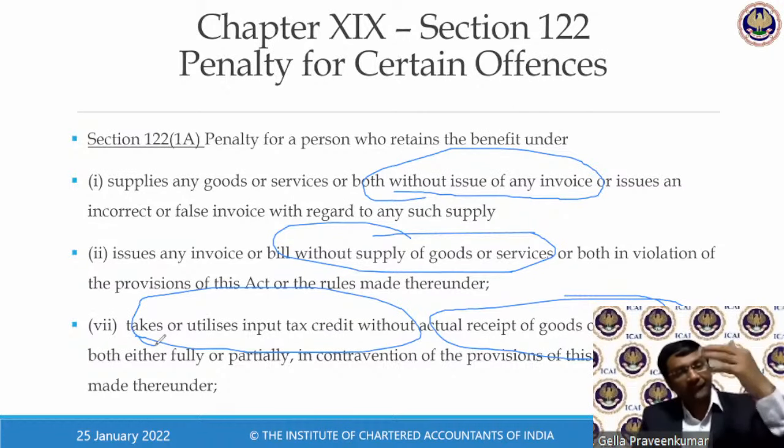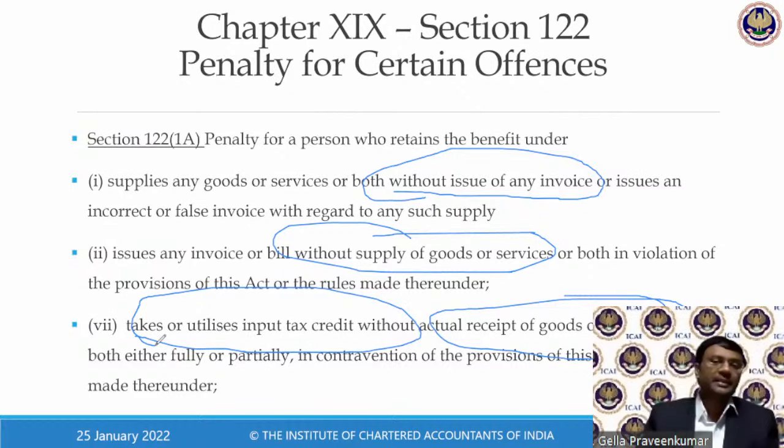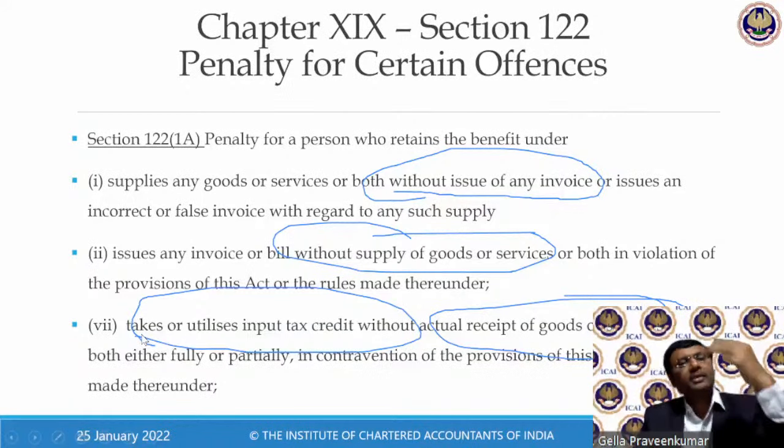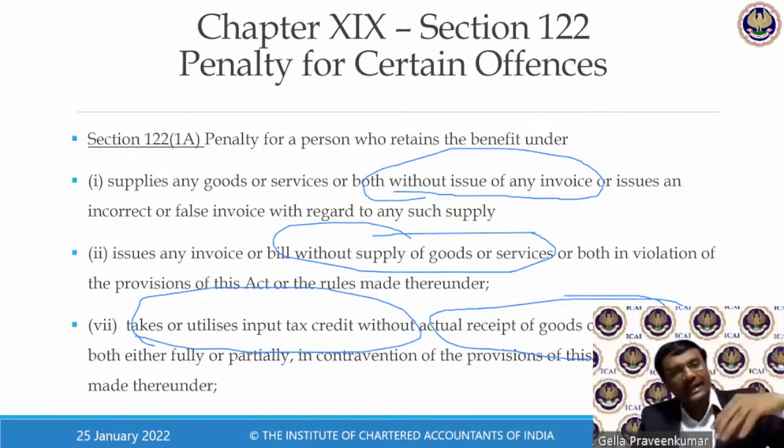There is a person who has supplied and a person who has received; without actual receipt, he has enjoyed the benefit. Now, in this clause 7, there may not be an existence of a supplier. In clause 7, only a person who files a return can fraudulently avail ITC without actual receipt of goods or services.